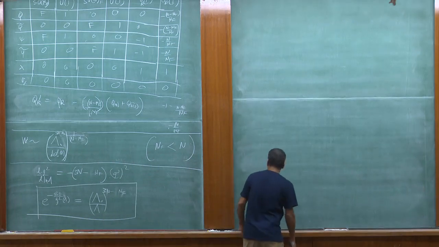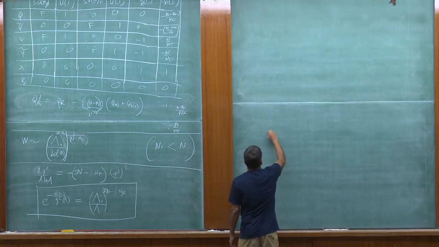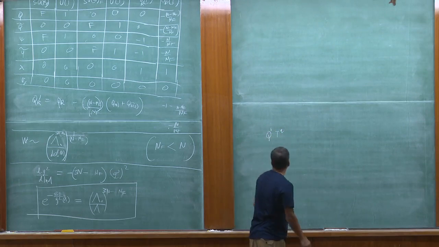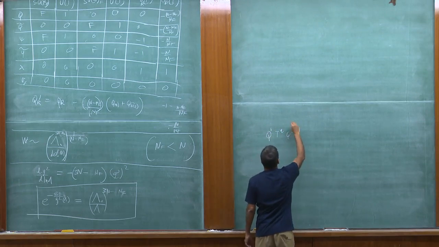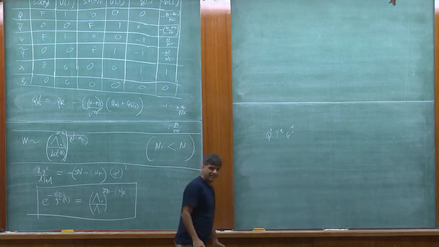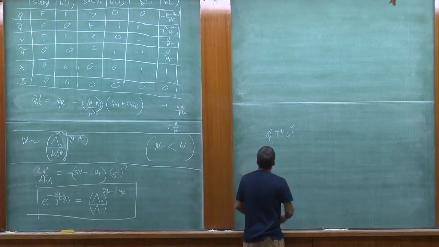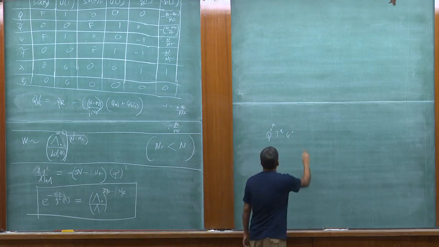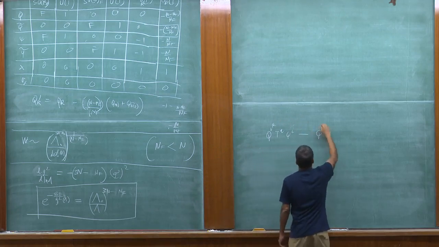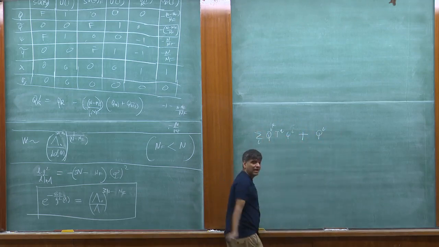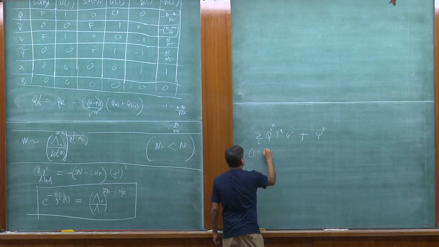So, you remember that our D terms were of the form Q_i^† T^A Q_i, where i is summed over all the flavors, i equals 1 to Nf.